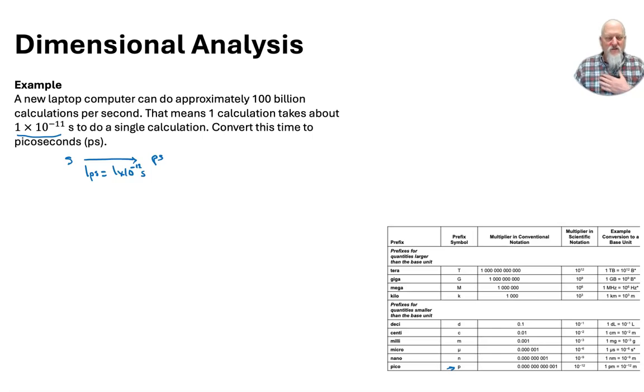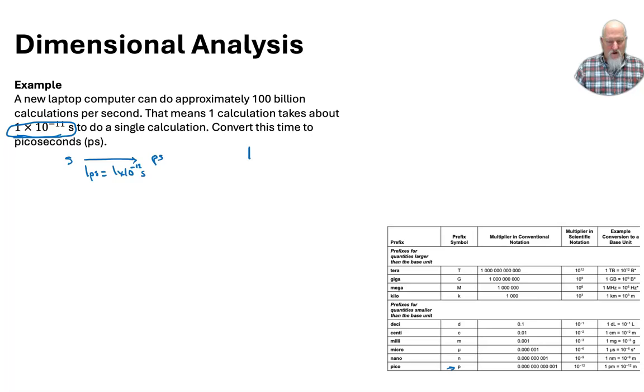When I do conversions, I write it out like this. I figure out how I'm going to get from where I am, seconds, to where I need to get, picoseconds, and then I find the conversion for it and write it down, so that when I do the calculation, it's all right there. When you do the calculation, start with the number that you're given, that's what I want to convert.